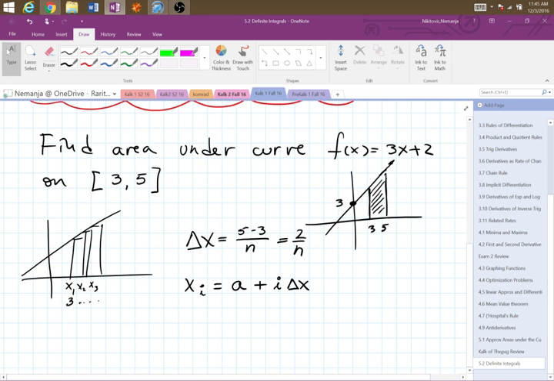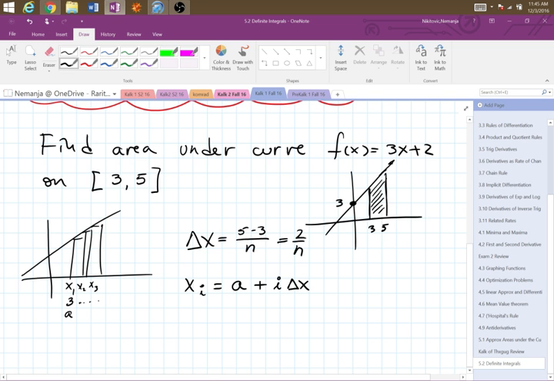What does this mean? Well, remember that the first x is a, where you start. We start at 3. And then the next one, so that's the first piece. Remember, i is 1, 2, 3, 4, 5, right? i is the counter. So when i is equal to 0, then 0 times delta x is just a, which is where we start.